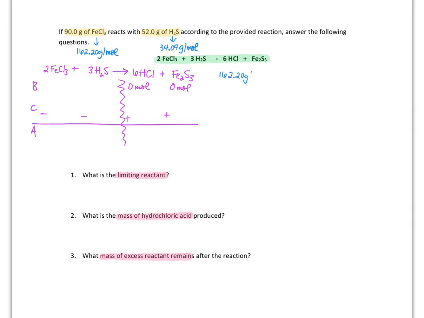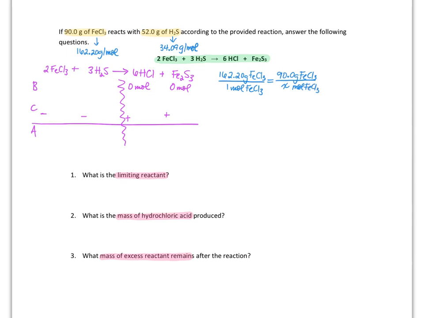So I've got 162.20 grams of iron(III) chloride for every 1 mole, and that's going to equal 90.0 grams. We're looking for moles.